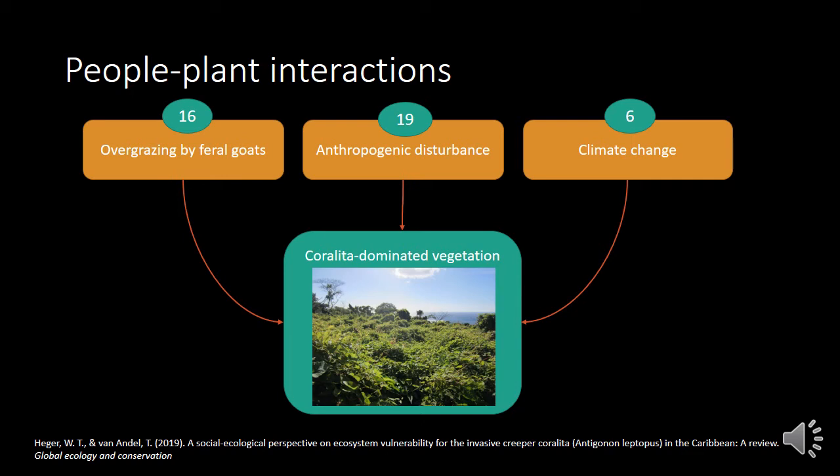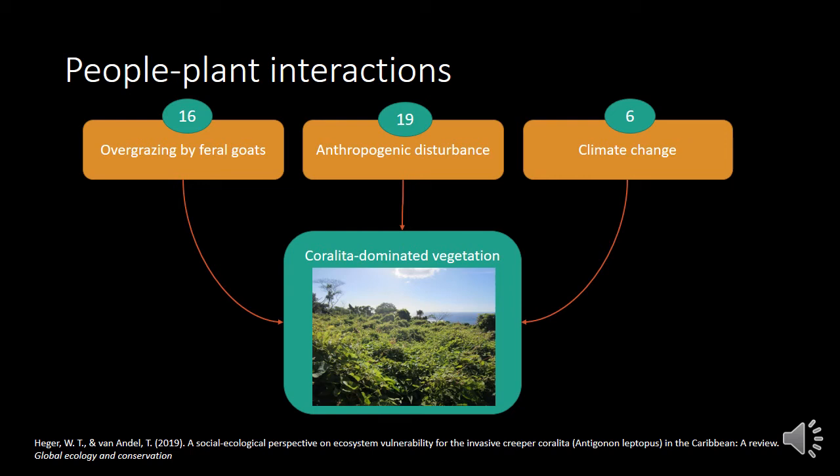And climate change, as these authors mentioned, was causing longer dry periods. And this coincided with the insight that the local people had told me. They said that Corallita is the first thing that sprouts when the rain comes again.